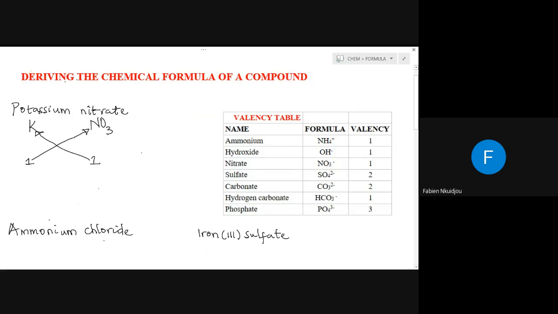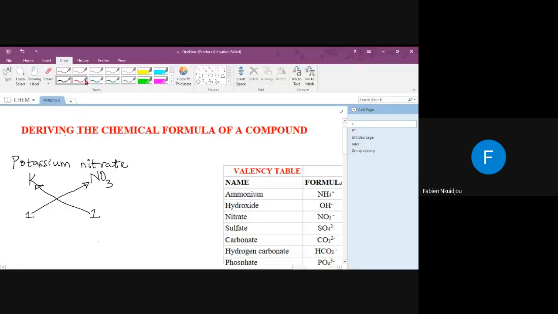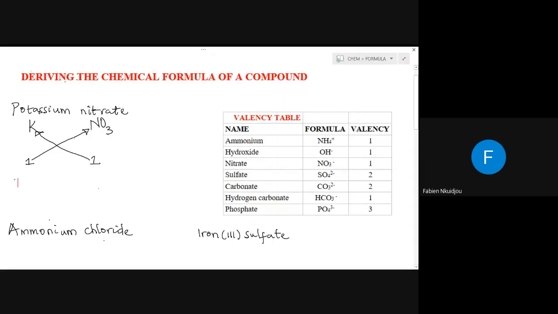So the formula, therefore, of potassium nitrate is, remember we do not write 1 in the formula of the compound, KNO3, and that is the formula of potassium nitrate.